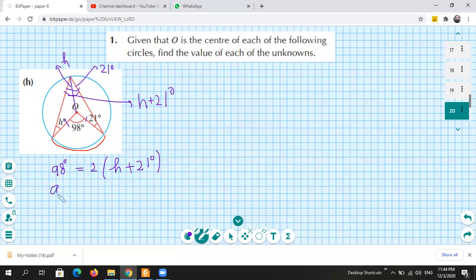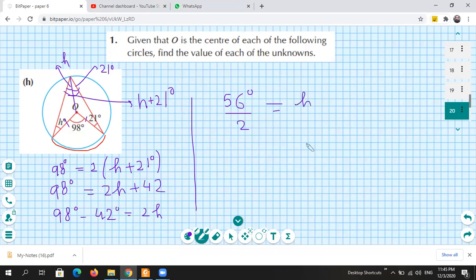So simplifying it, 98 equals 2 into h, 2h plus 42. 98 minus 42 equals 2h. So 98 minus 42 gives you 56. And this 2 with h will divide 56. So we're left with 56 over 2 equal to h, or h equal to 28.